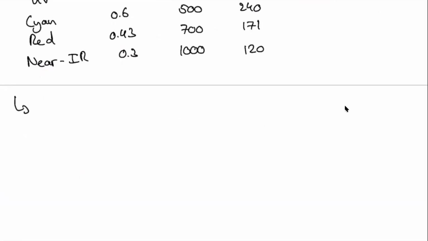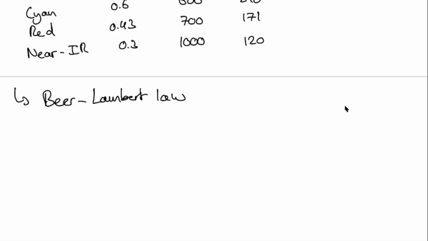And then we have, probably everyone knows this, the Beer-Lambert law. It says that the absorbance, D, is epsilon times concentration times length, and that is the log of the incident light over the transmitted light.